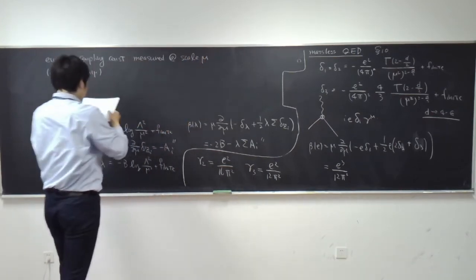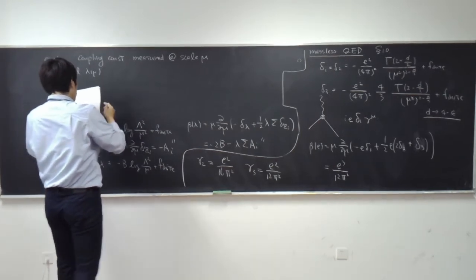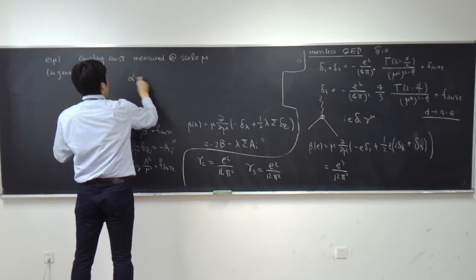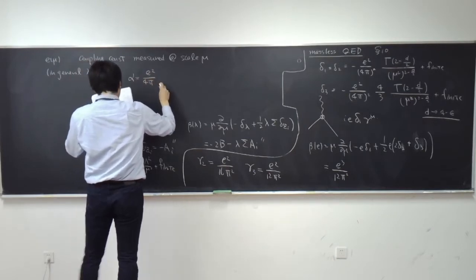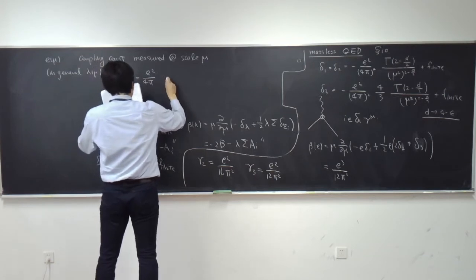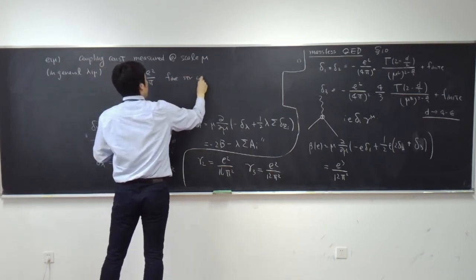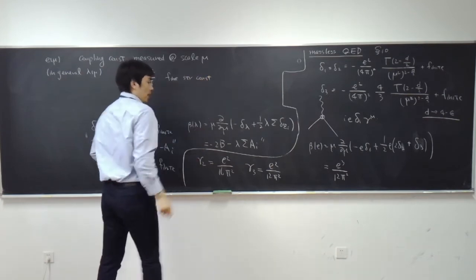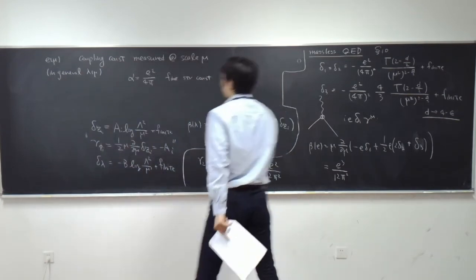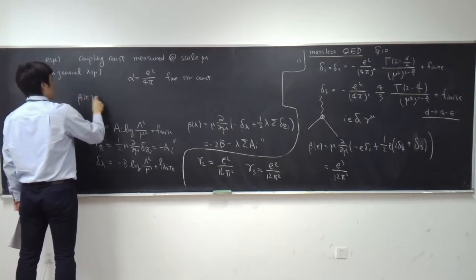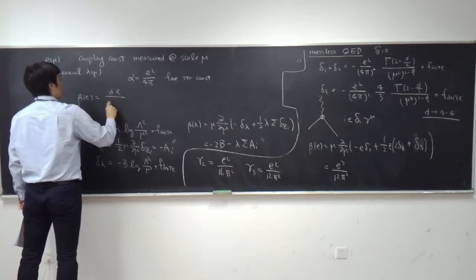In particular, in the QED case, it's easier to introduce the so-called fine structure constant, e squared over 4 pi, and apply this beta function. The definition of the beta function is, of course, beta of e is just de d log mu.